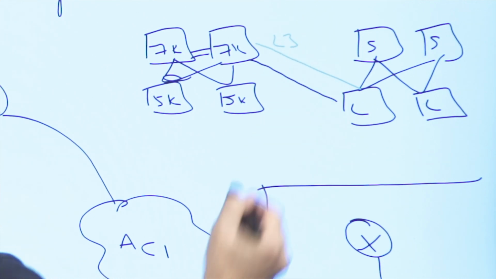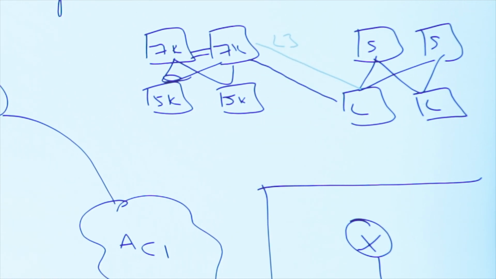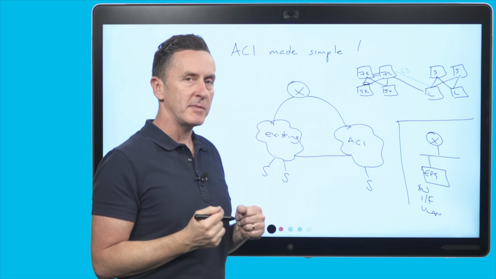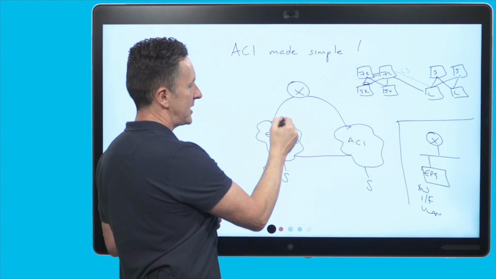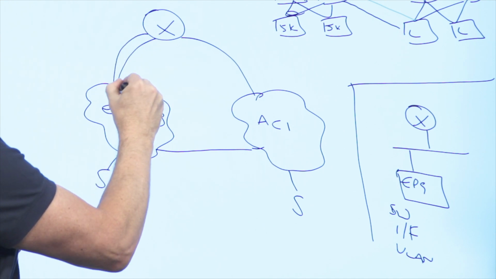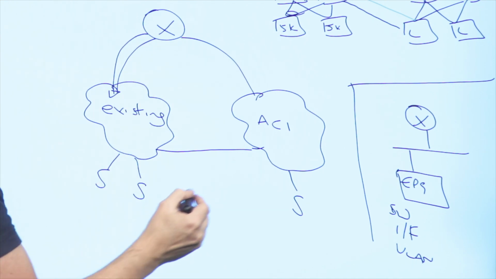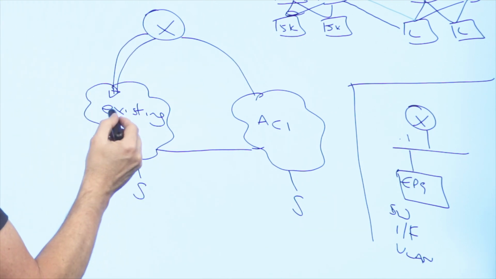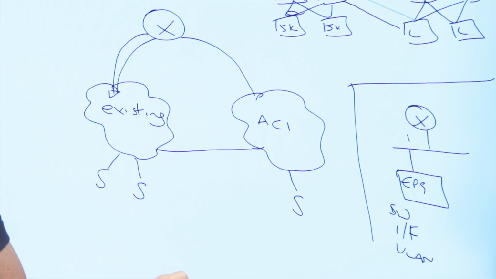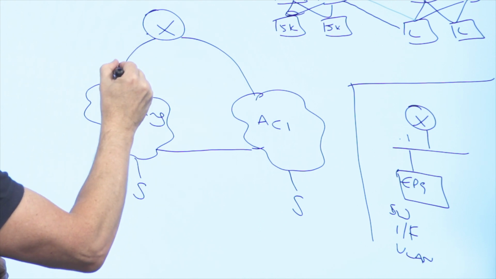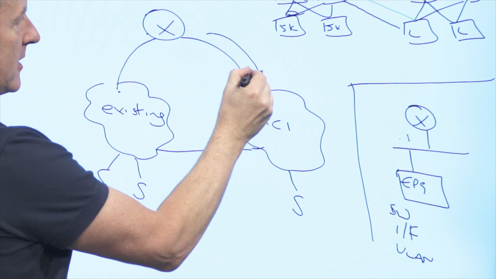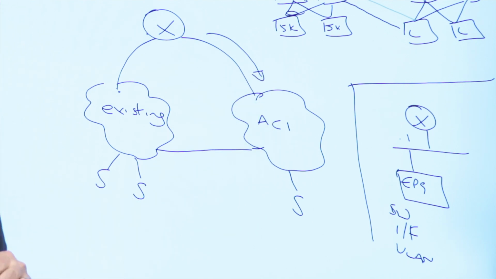And that means I can now simply change the routing from the external network. Today a subnet lives via this path into the existing network, and when I enable the gateway on my ACI fabric, the route that's advertised will be removed from this infrastructure and presented down this path into the ACI fabric.